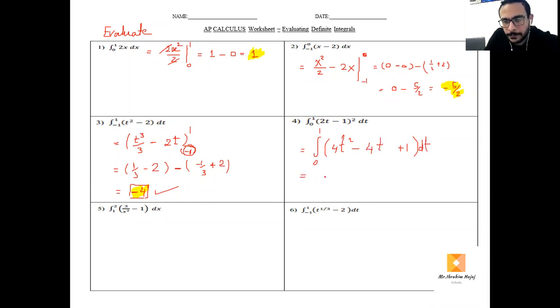Now 4t cubed over 3 minus 4t squared over 2 plus t. Simplify. Excuse me, Abdurrahman, 1 minute please.